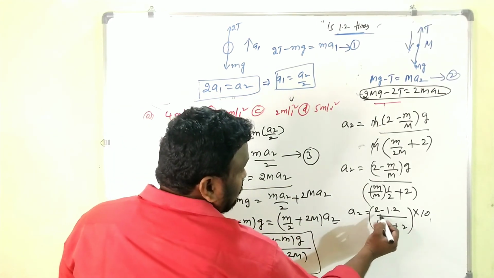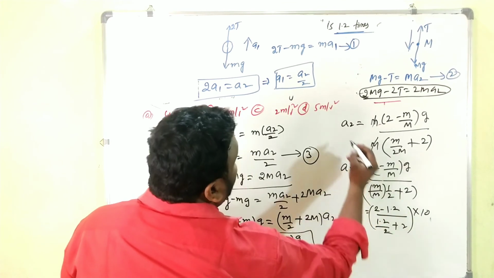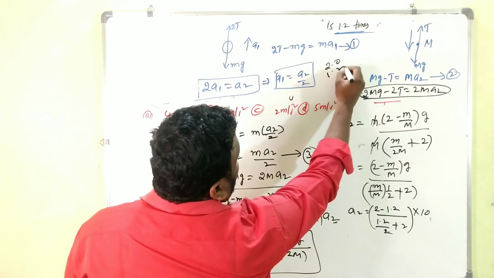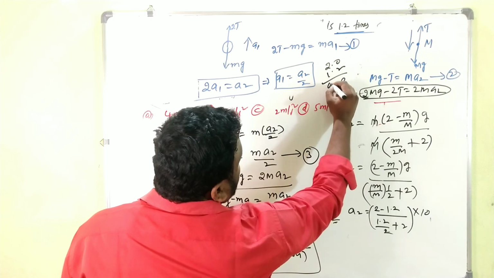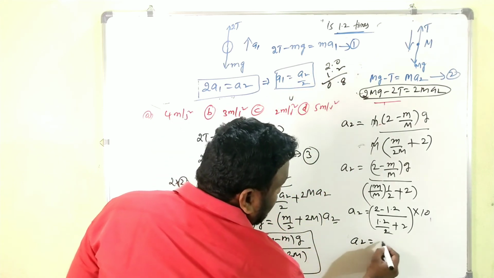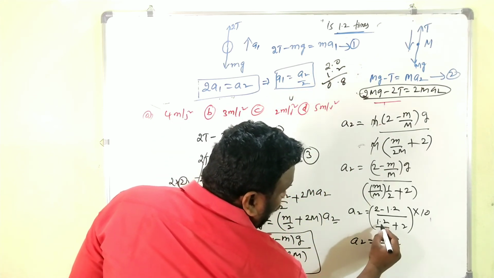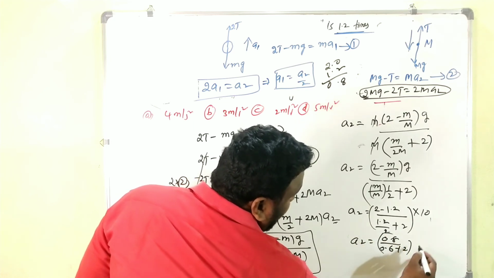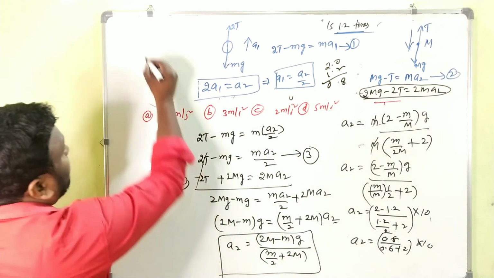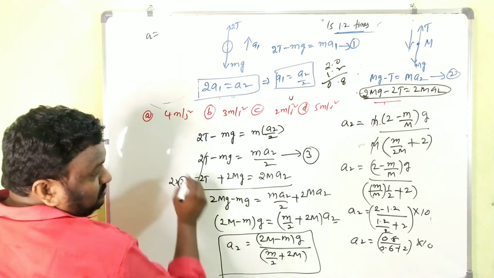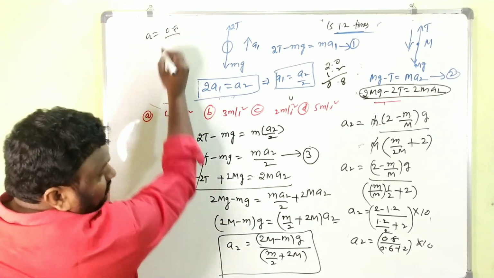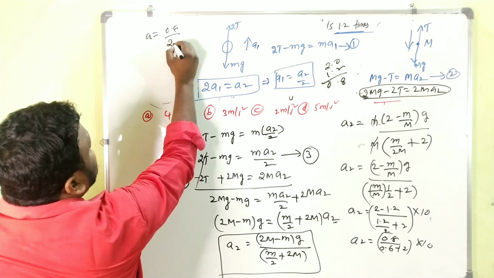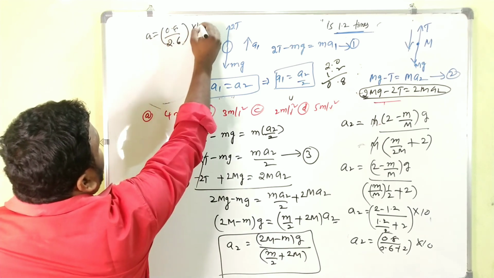Here A2 is equal to 2 minus 1.2. So 2.0 minus 1.2, what we get? 0.8. A2 is equal to 0.8 by 1.2 by 2, which means 0.6 plus 2, into 10. Then what you get? A is equal to 0.8 by 2.6 into 10.